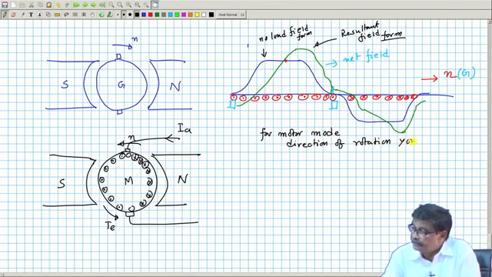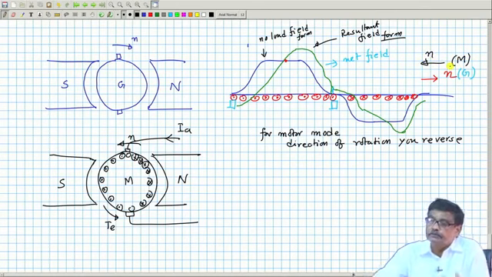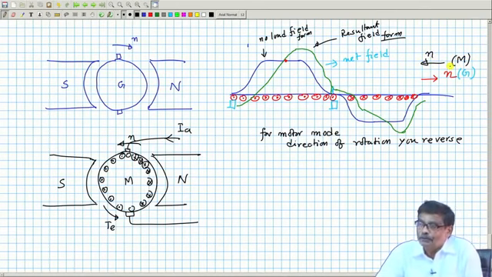That is, this is generator, you just write the same diagram this way, reverse and write motor. Very good. Absolutely no problem. That is what it means.